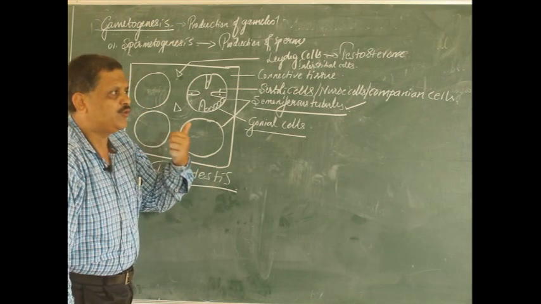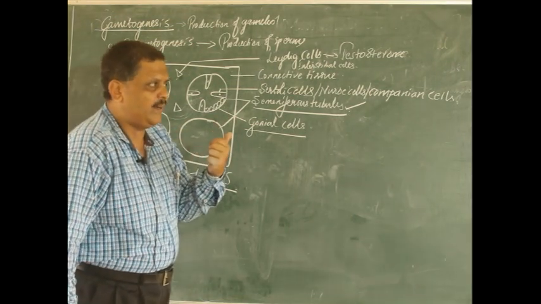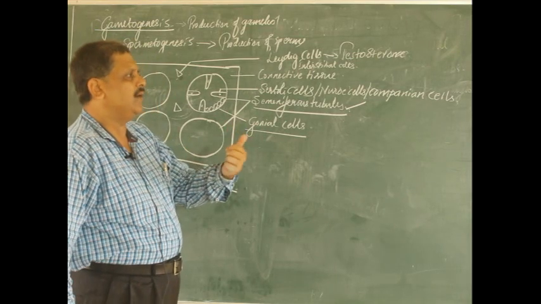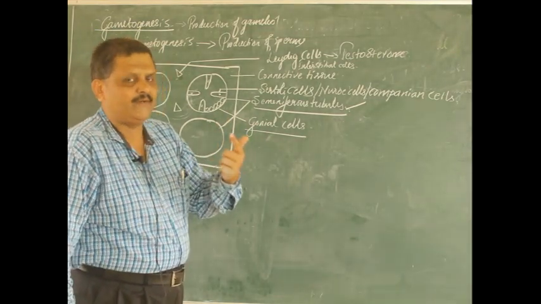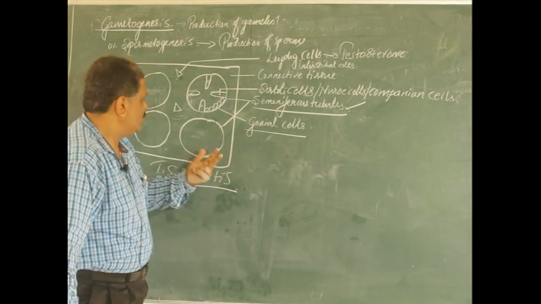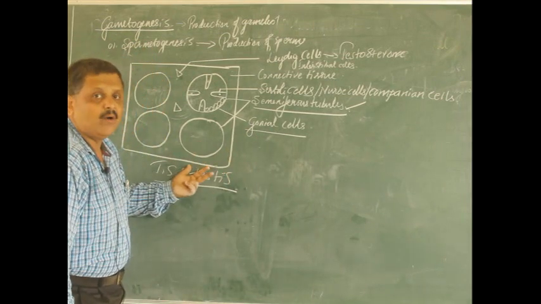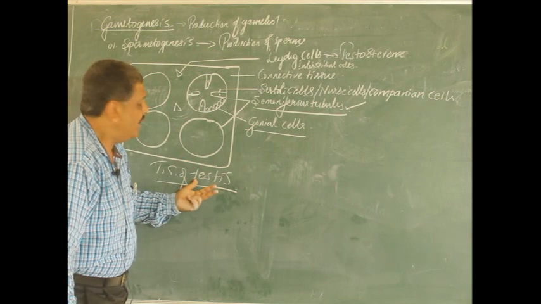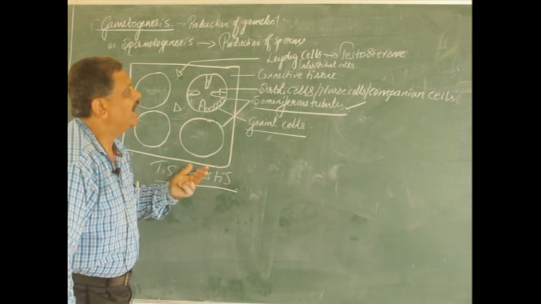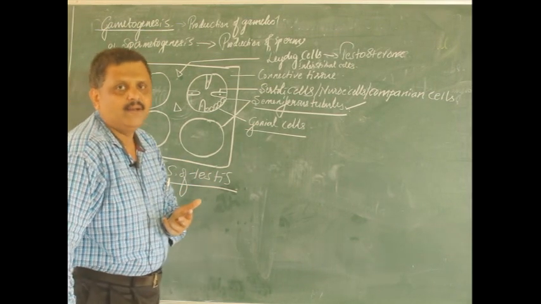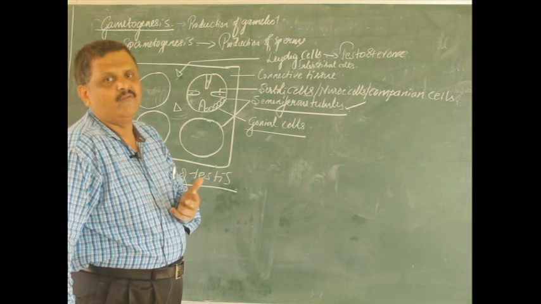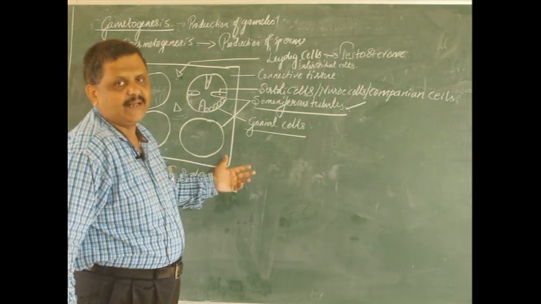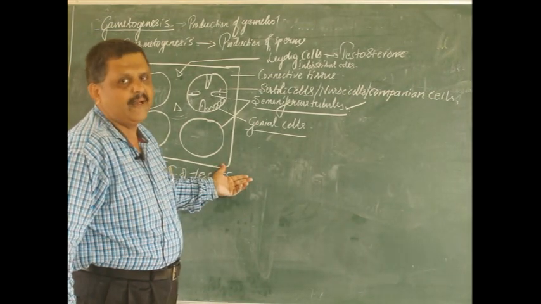One is draw a neat labelled diagram of the female reproductive system for 5 marks. Second one is draw a neat labelled diagram of the mammary gland for 5 marks. And the other one is draw a neat labelled diagram of testis and explain. That is another question. So you should prepare yourself for all this. Go through the NCERT book and prepare yourself.